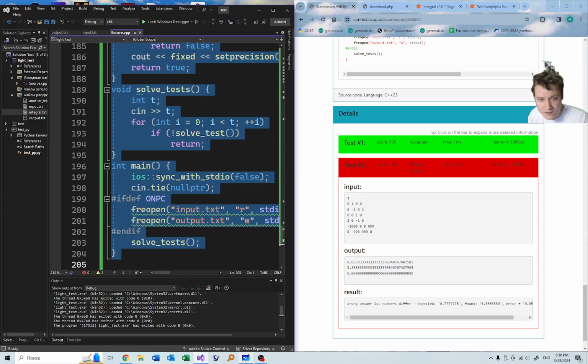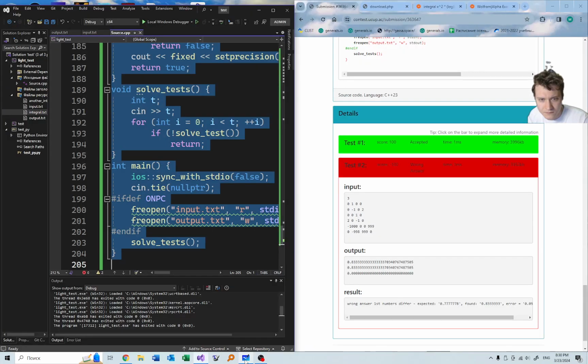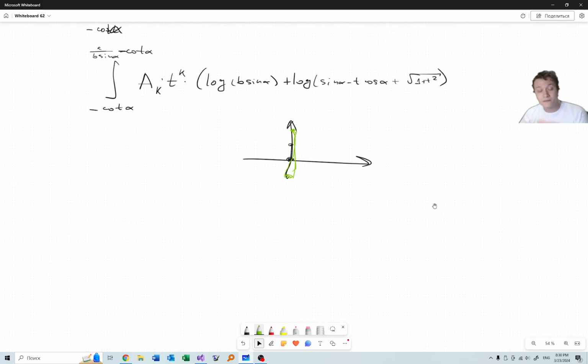Zero minus 1, 0, 2. This is actually a shame that I didn't solve this problem when two segments lie on the same line. 0 minus 1, 0, 2. So I failed this test. I really failed this test. Okay, let's solve it naively.